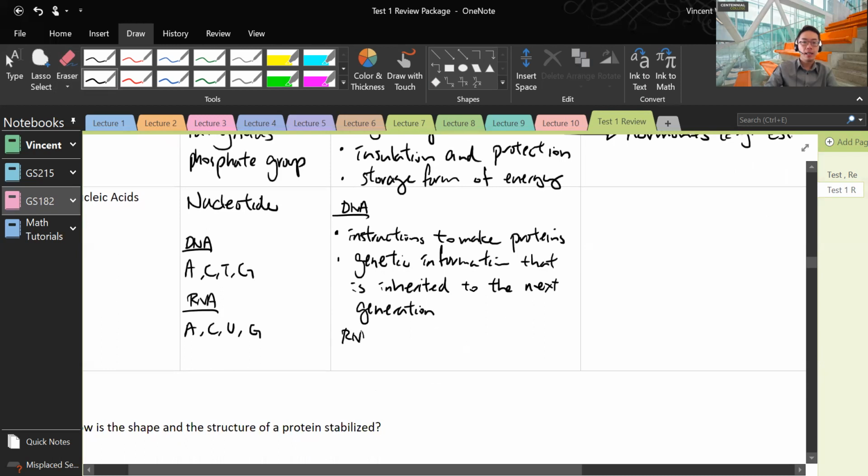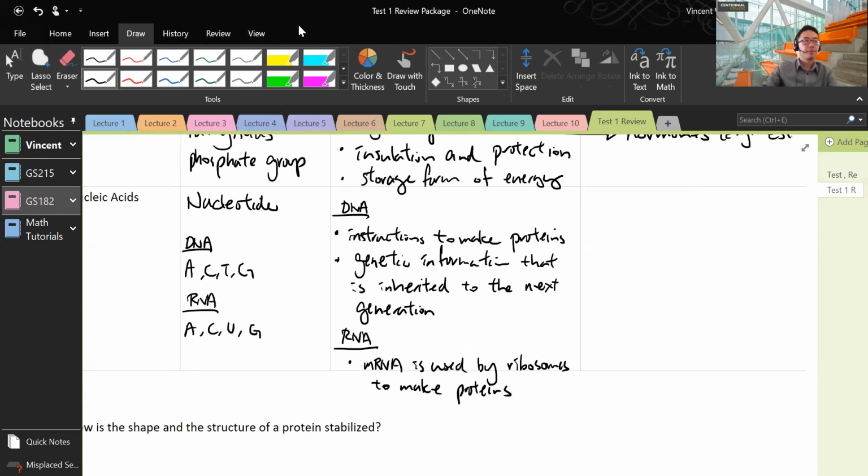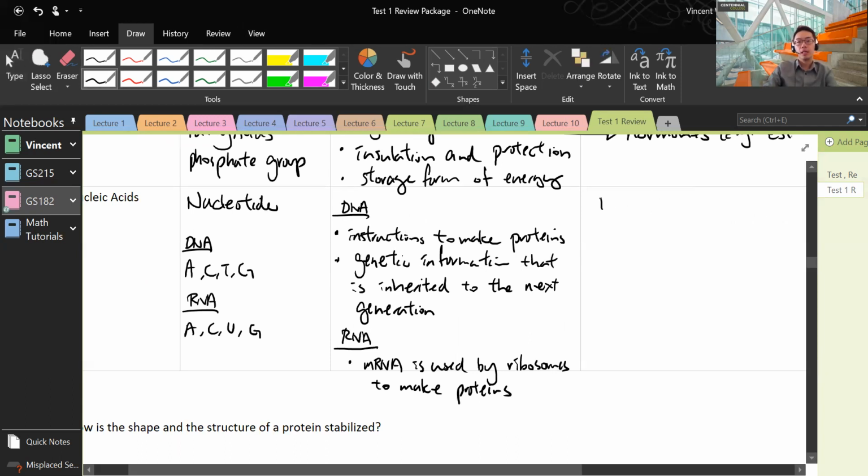And then RNA, well, RNA has a lot of functions. We only learned one type of RNA so far. Messenger RNA is used by ribosomes to make proteins. There are other types of RNA that we will learn later on, and so far, the examples are limited to DNA and RNA. There we go.